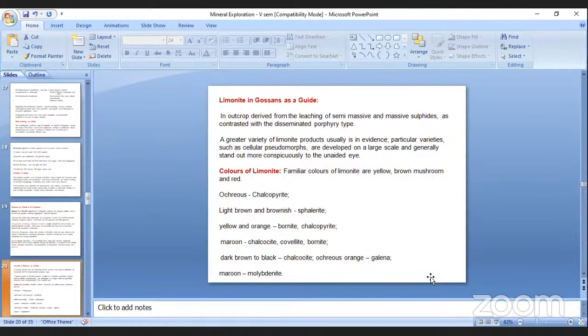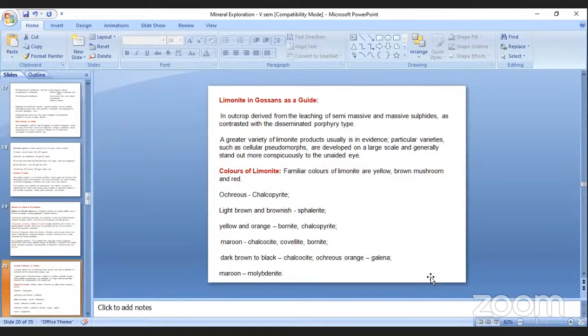When you observe the outcrop, it is derived from the leaching of semi-massive and massive sulfides, which have a contrast type, and it is related to a disseminated porphyry type structure.